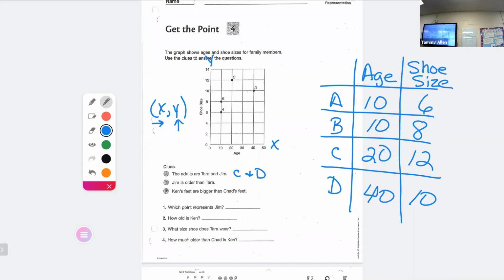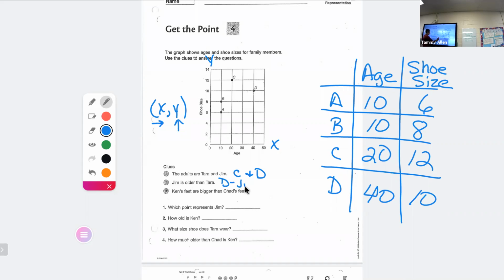Clue 2, Jim is older than Tara. What does that tell us? Pardon? D? Jim would have to be D, okay?